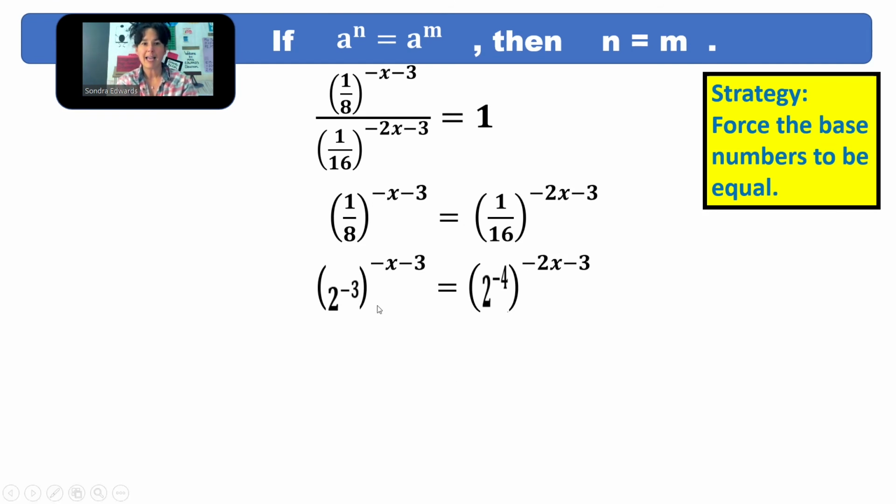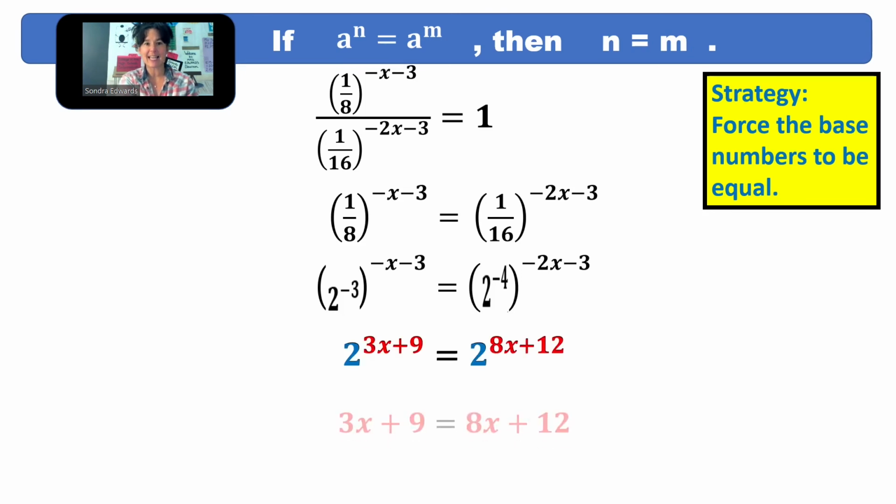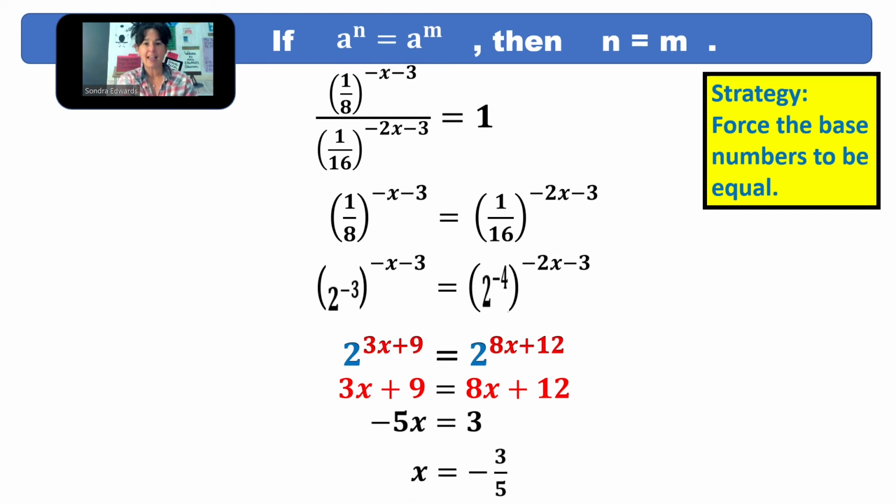So I'm going to multiply negative 3 times negative x minus 3 and negative 4 times negative 2x minus 3. Now we have those matching bases, setting the exponents equal. X is on one side, numbers on the other. I subtracted 8x from both sides and 9 from both sides. Divide both sides by negative 5, and there we have our solution.